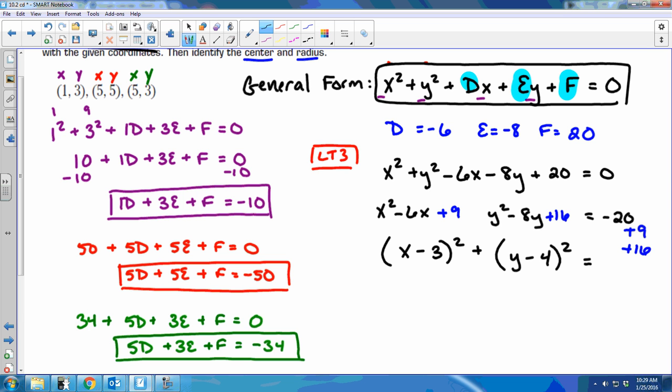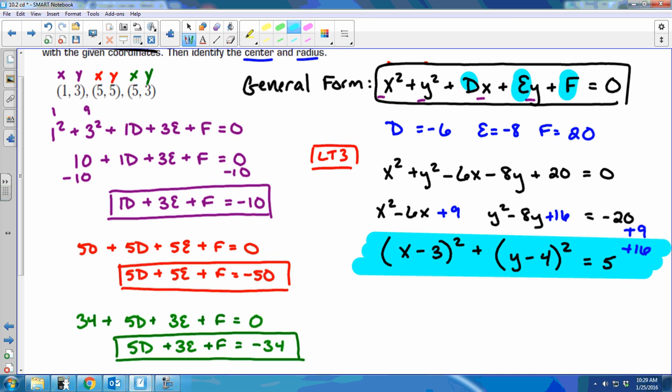And then -20 plus 9 plus 16 is 5. So this is the first part of the answer. They ask for an equation in standard form. There it is. Questions about how we got there?